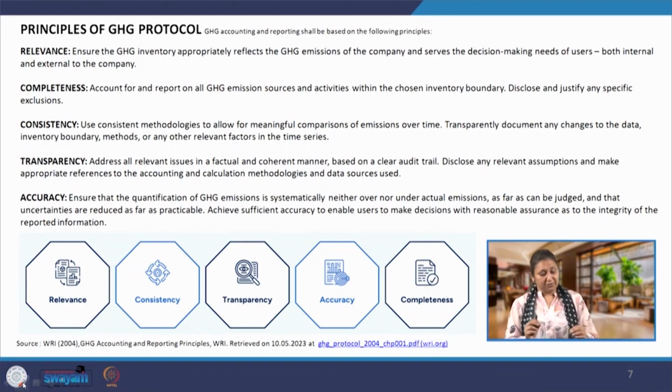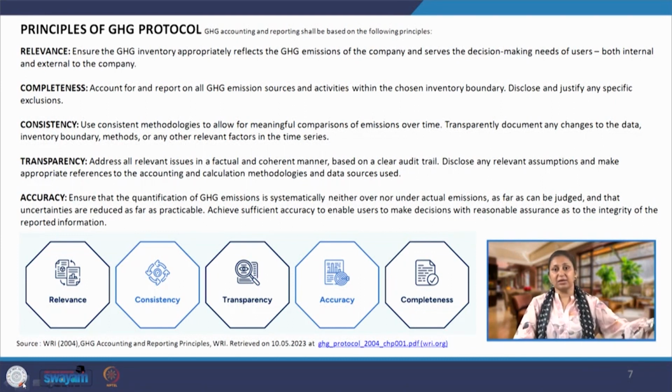And we have to achieve sufficient accuracy to enable users to make decisions with reasonable assurance as to the integrity of the reported information. Because why we are reporting this GHG emission is not for somebody else or to show to somebody, it is for the company itself, to know what are the activities which are actually emitting more GHG and how can we reduce it.